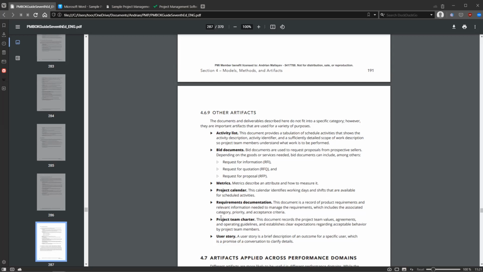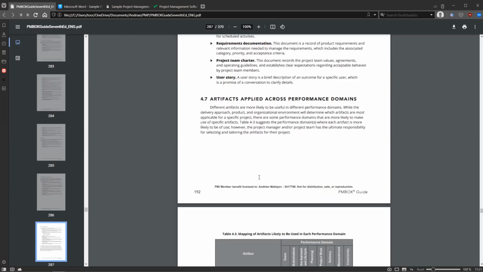And final here, user story, it's more specific to software development, not necessarily, but more specific when you capture certain use cases and user stories to basically use as a basis for developing a process, software, or some change within an organization. So that's about it.